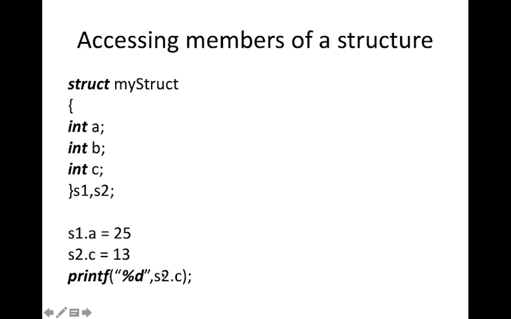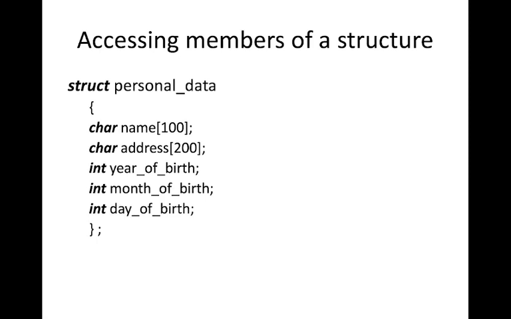So in order to access a variable, rather than using c, you have to use the structure variable dot c. That's all. It is the same as you use the ordinary fundamental data types. Additionally, you have to include the structure variable name also. So by this you can access the elements of the structure.